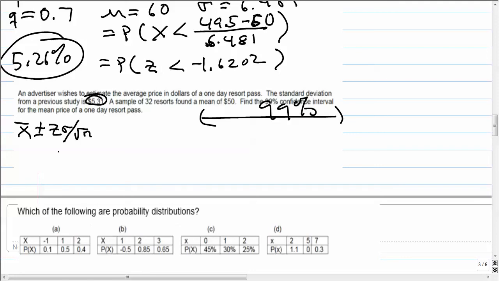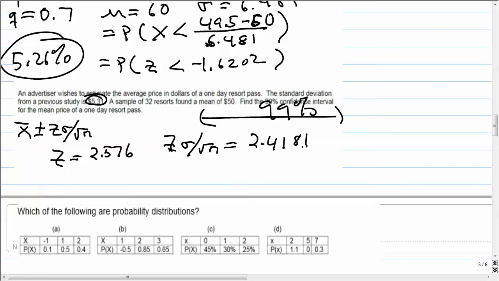Alright, so if you take x bar plus or minus z, in this case here, z associated with a 99% confidence interval, z is going to be equal to 2.576. So if you calculate z sigma divided by the square root of n, you come out with 2.4181.